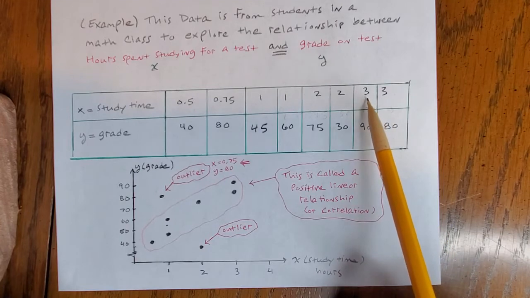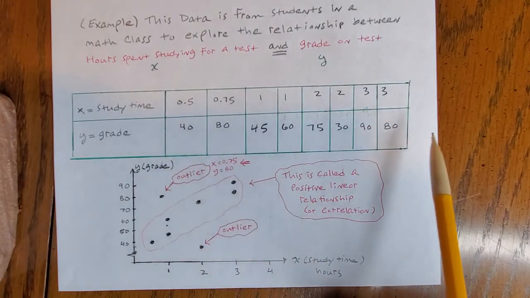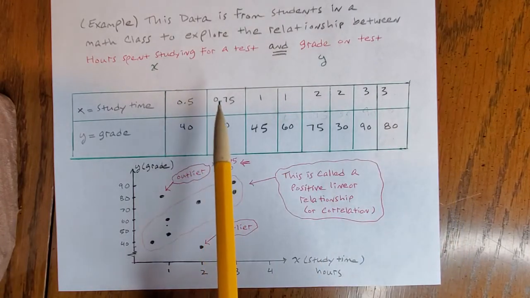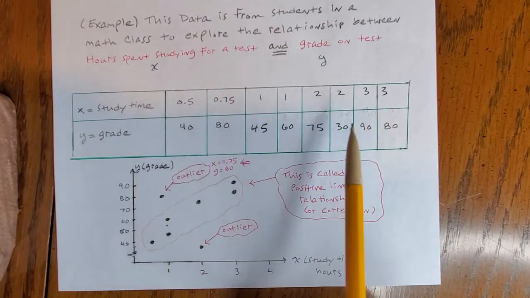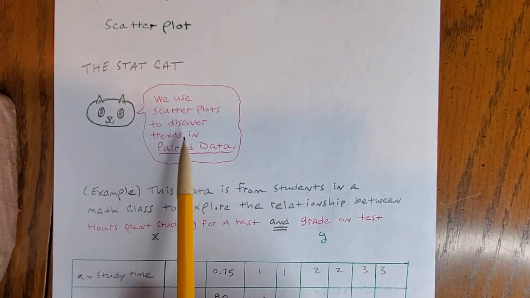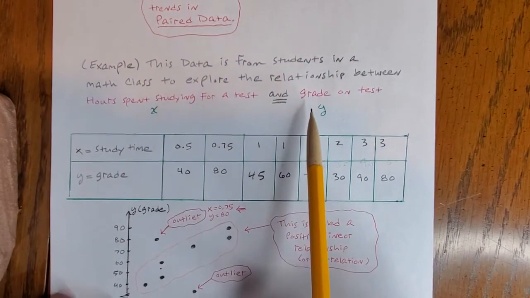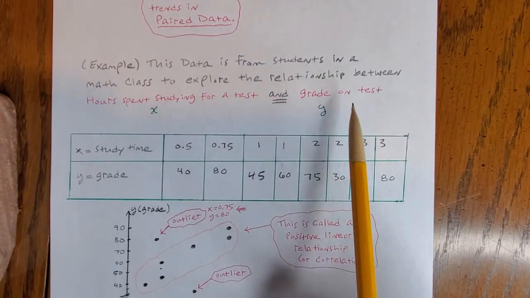This student also studied 3 hours, but got 90. Every one might be a little bit different. I'm not expecting these numbers to be clean and predictable, but I would expect there to be a trend. I do think that most of the time, in general, the more hours you spend studying for a test, the better your grade is. That's why people study for tests.